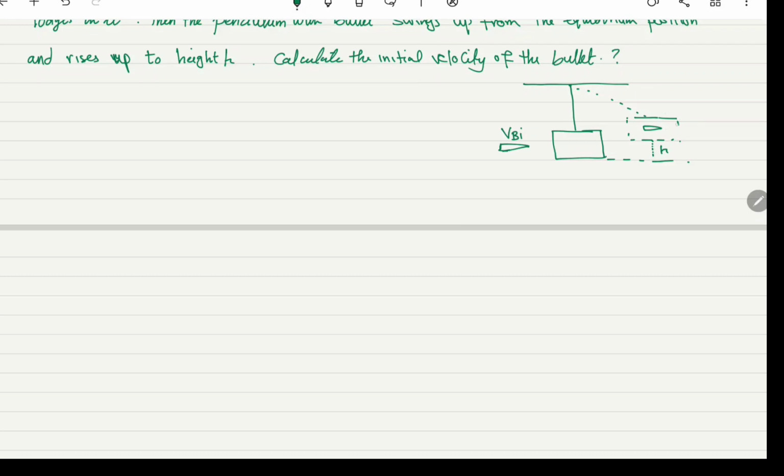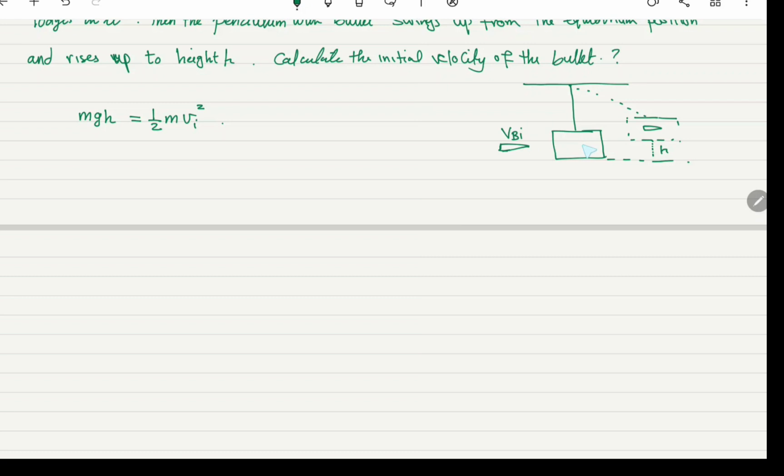The energy here, since it's maximum height, is just potential energy. So mgh equals half m v initial squared. Now v initial squared is the final velocity for the collision case.